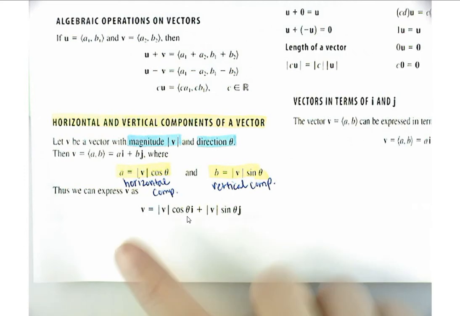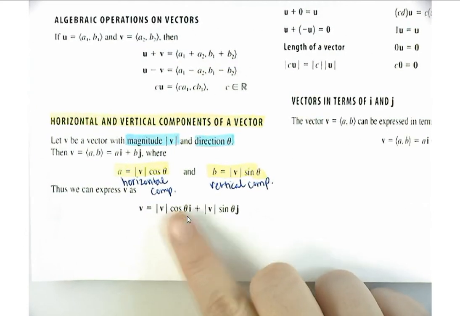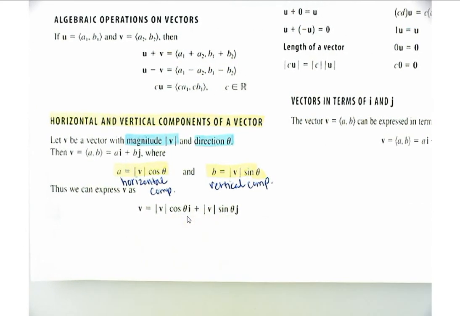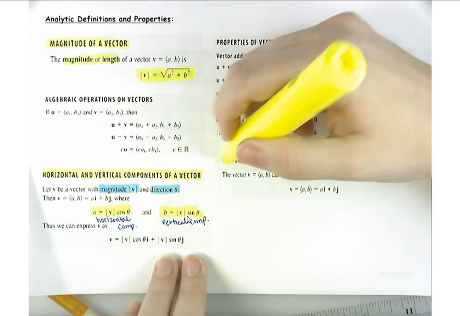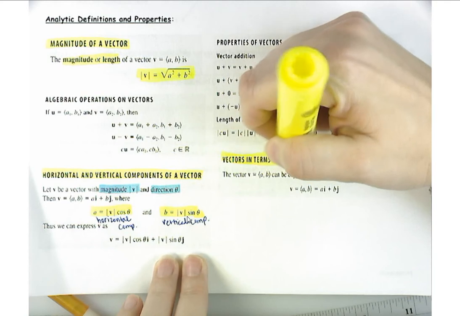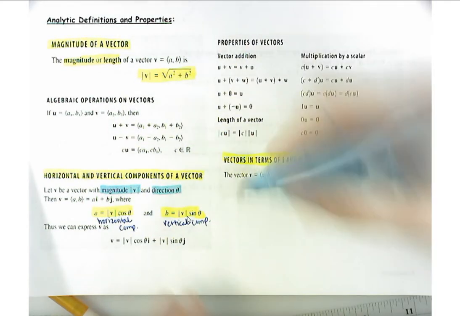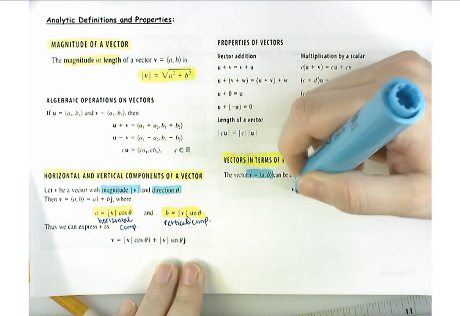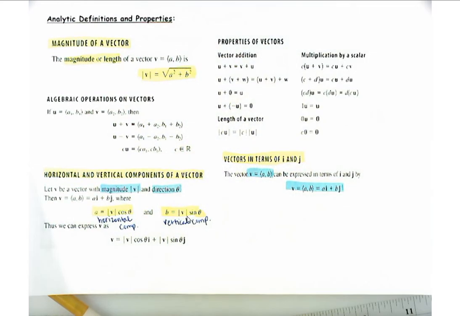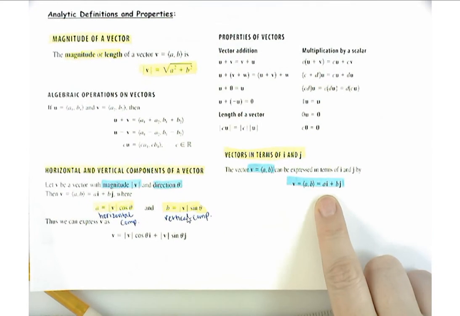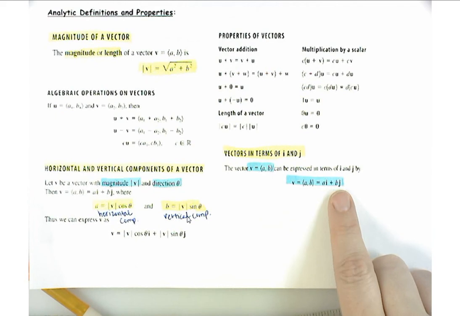Now this part is saying how you can express this in terms of i and j, which leads us to this box here. This is just another way that you can rewrite vectors. So if you have a vector a, b, that can be written in terms of i and j by putting the a in front of the i and the b in front of the j.